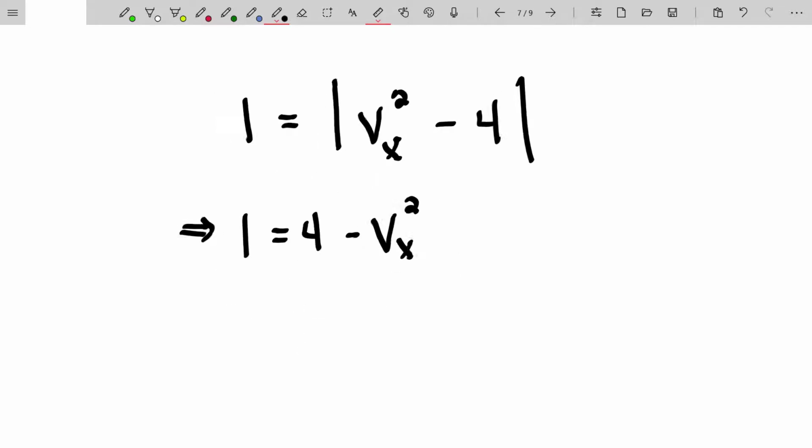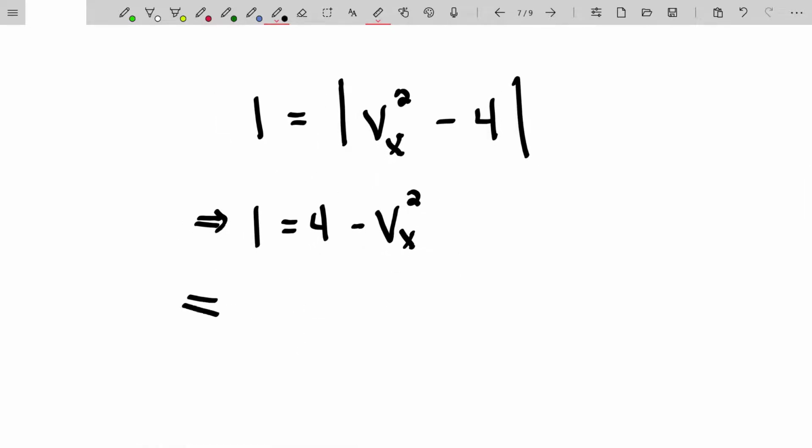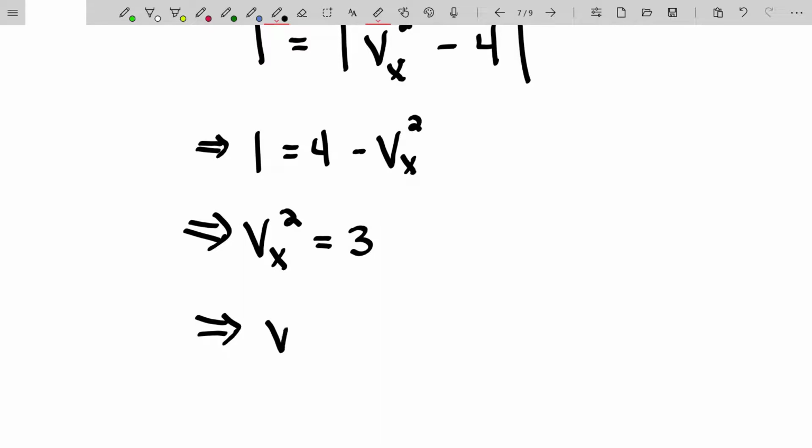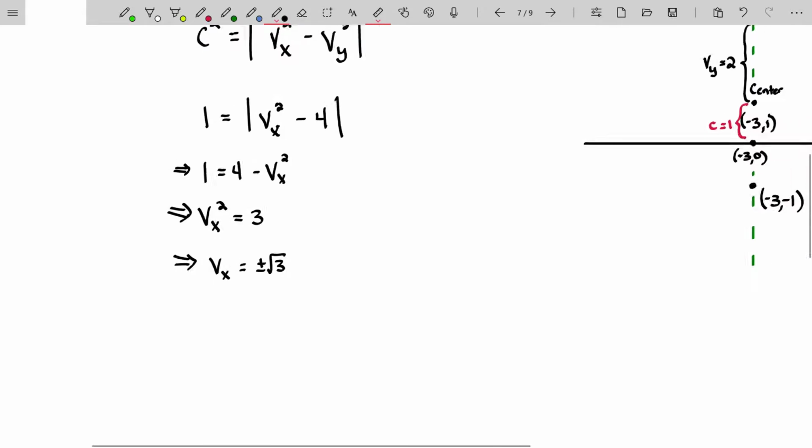Now I'm going to add vₓ² to both sides and subtract 1 from both sides, and then take the square root. And we get that vₓ, the distance to the horizontal vertex, is plus or minus root 3.